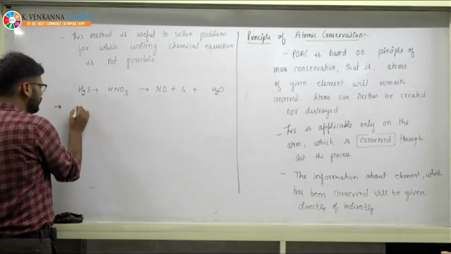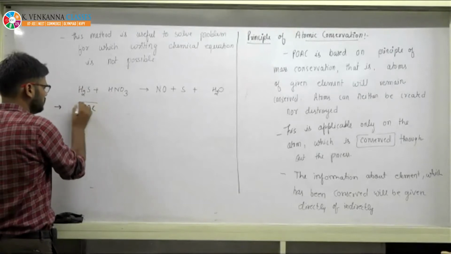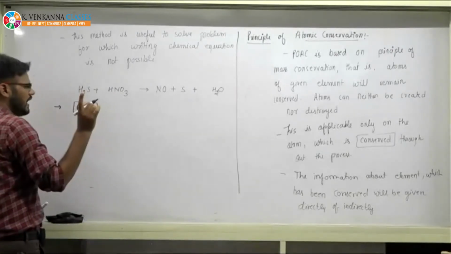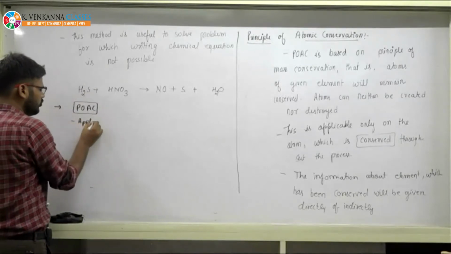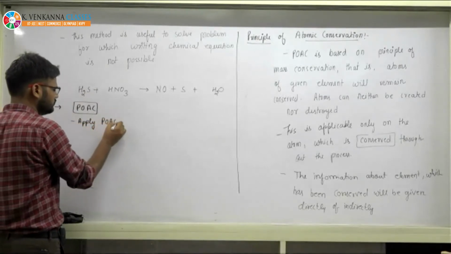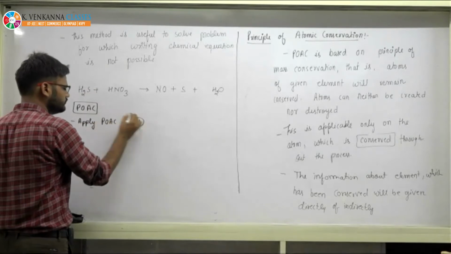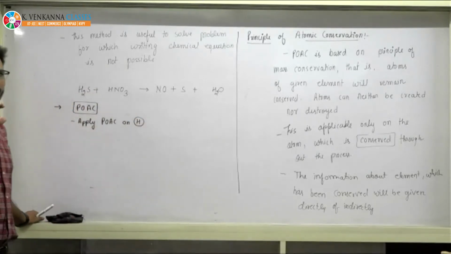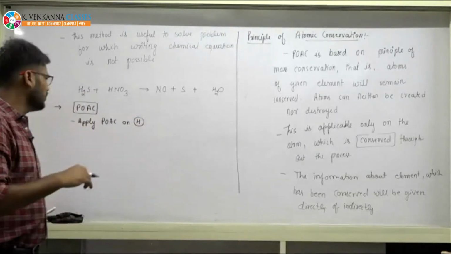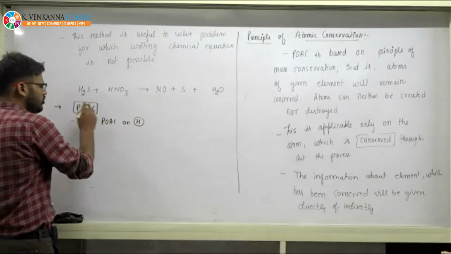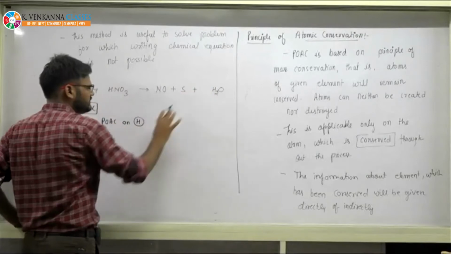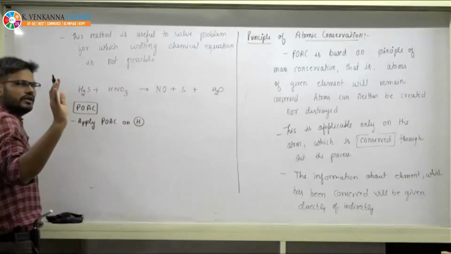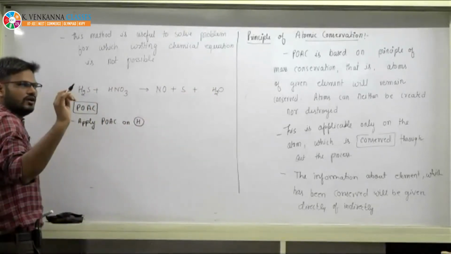See, so what POAC tells: if information about hydrogen is given, then applying POAC on hydrogen, what will you do? We have already solved such problems. If you apply POAC on H, then the hydrogen atoms in the complete reaction should be conserved.